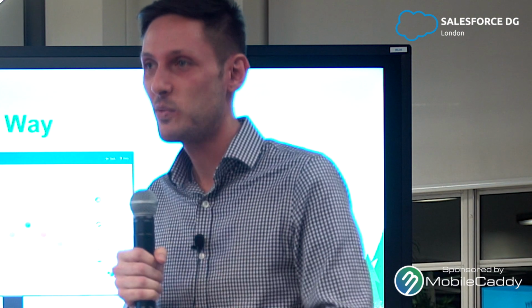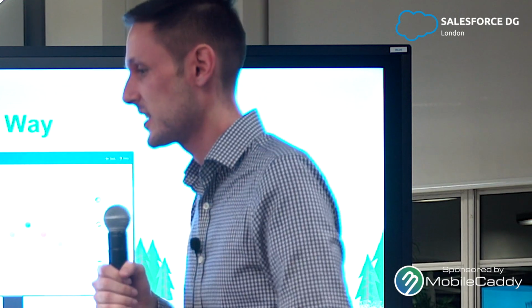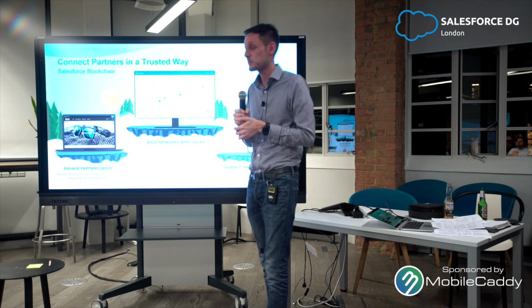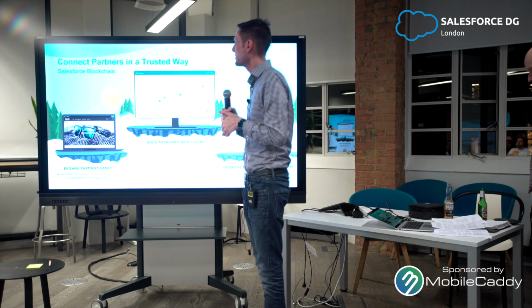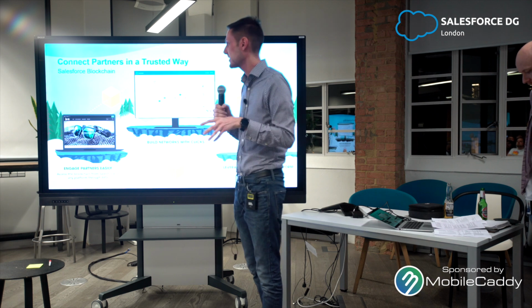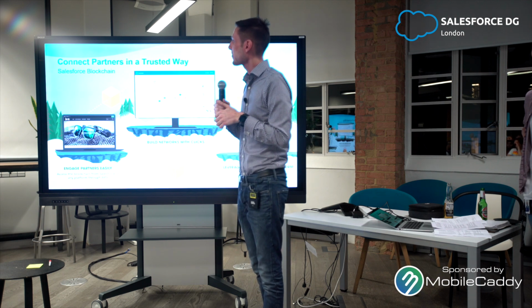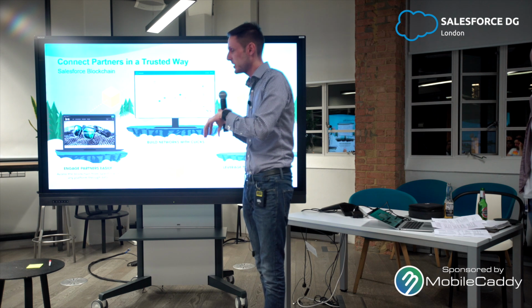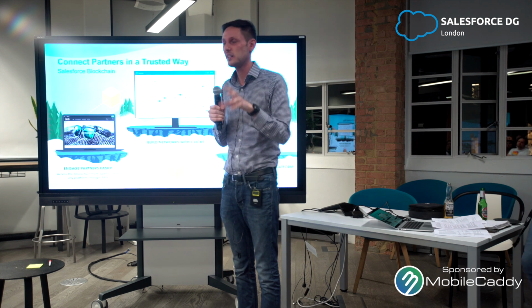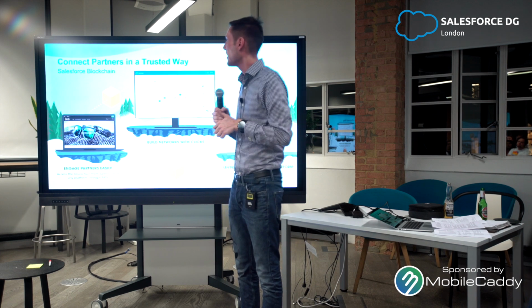Meaning you can have Lightning Web components on them, you can use Einstein, anything that you can use on a normal Salesforce object. And what this will provide you, though, is the ability to connect your company to other companies in a digital way, in an immutable way as well.